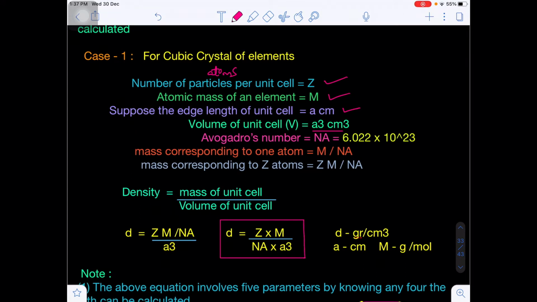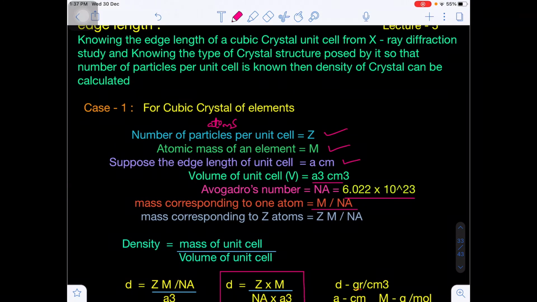Now what is the Avogadro constant value? Na is 6.022 into 10 to the power 23. The mass corresponding to one atom will be molar mass divided by the Avogadro number, because we know that for Avogadro number of particles the molar mass will be capital M. Let's take one constituent particle, one atom.